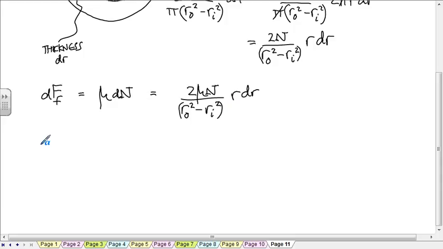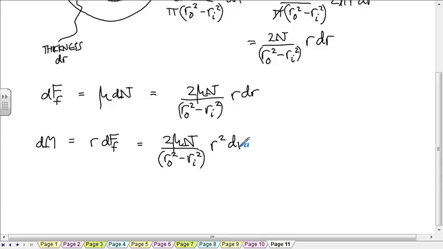Okay, so dM is equal to r dF, which is 2 mu N over r outer squared minus r inner squared times r squared dr.